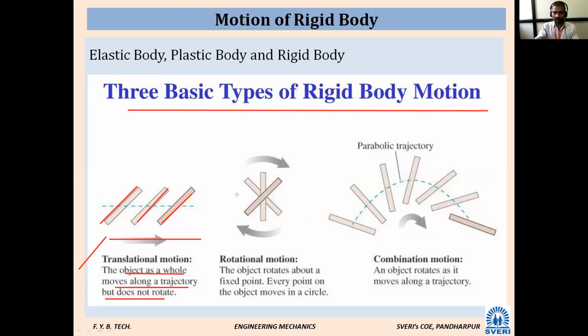अभी देखो next one, एक rotary है. So ऐसे ऐसे movement हो रहे हैं. So this is rotating in this direction. Rotational motion. The object rotates about a fixed point.